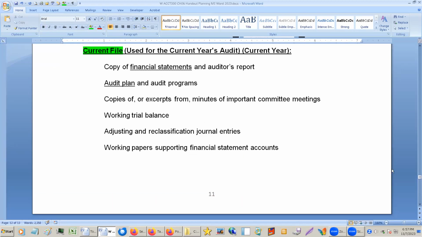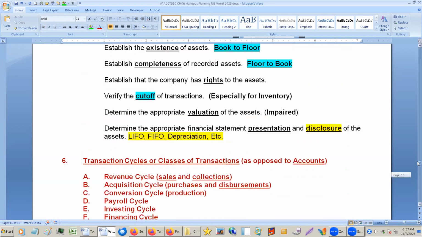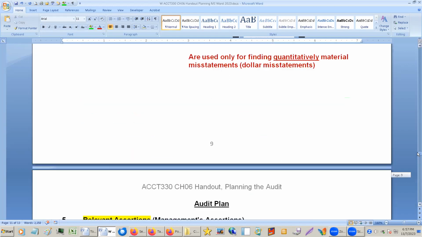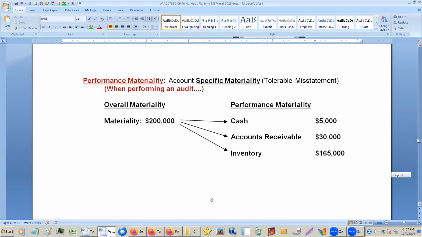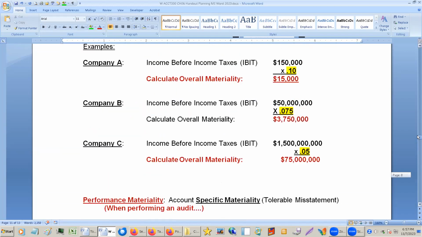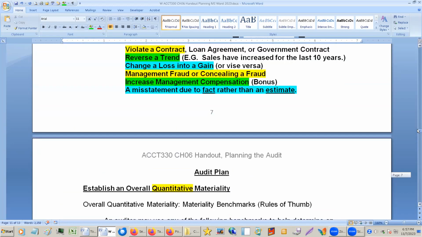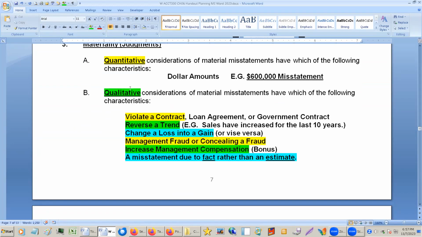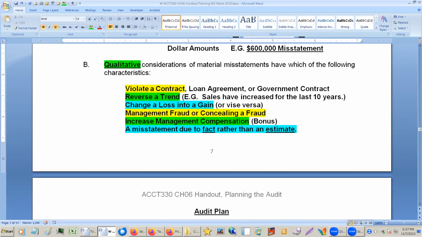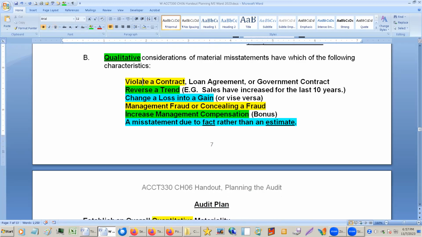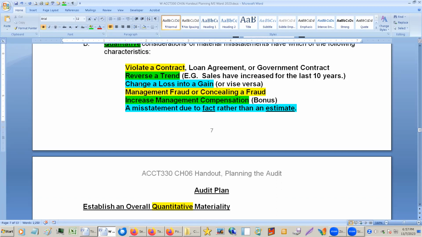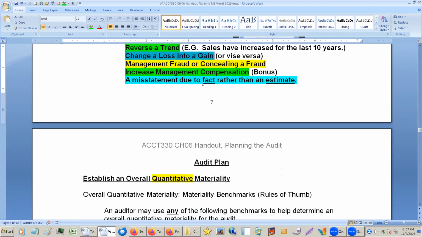And to answer that, we go back up to here. All the way up here, qualitative considerations. If it violates the term of a contract, reverses a trend, changes a loss to a gain or a gain to a loss, management compensation, whatever.